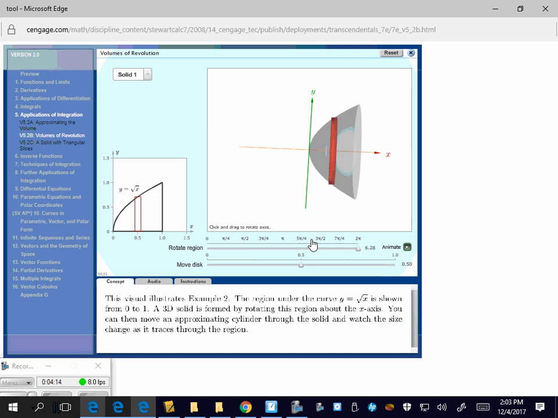The idea is if I were to slice this thing, this solid, going from the origin, so going from here all the way out to here, oh, man, this is just not cooperating. There we go. All right, so from the origin out to 1 basically is what I'm trying to get at. If you slice it vertically, what you should be able to see is that, now I do want to rotate it.